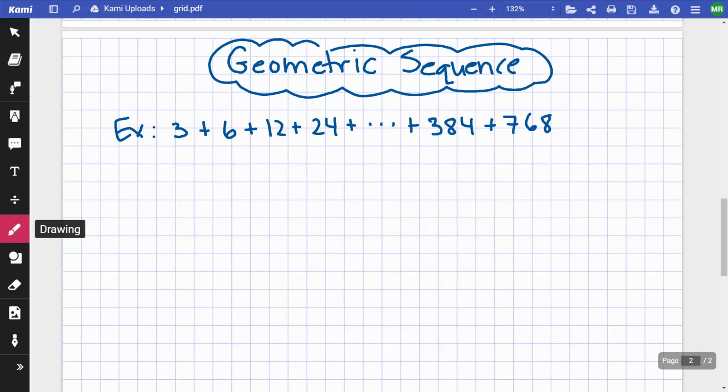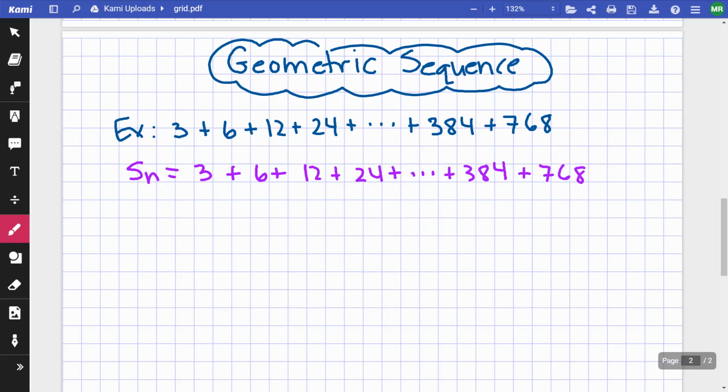I am going to take S sub n, which is going to be 3 plus 6 plus 12 plus 24 plus ... plus 384 plus 768. Okay. Now, this is one way to do it.